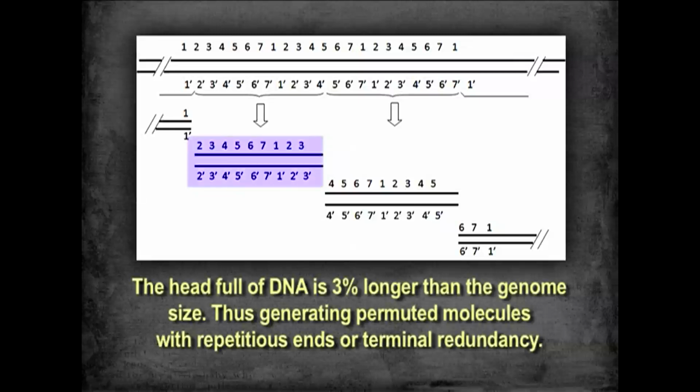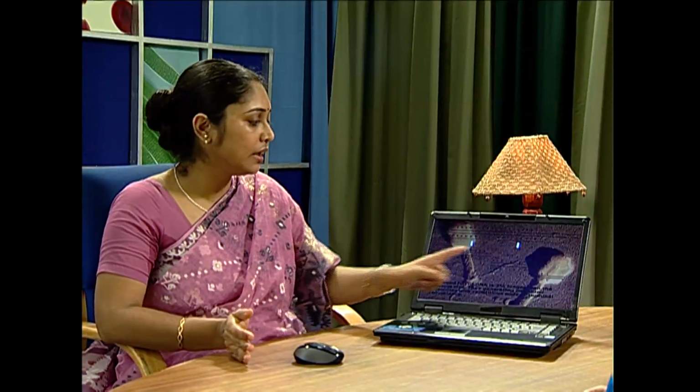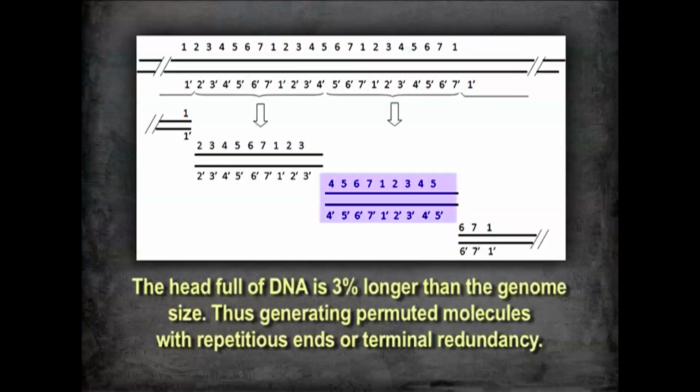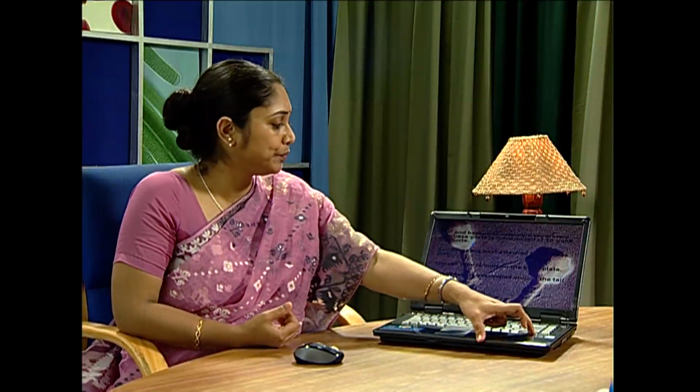Since it accepts 3% extra, again repetition of 2, 3. In the next head packaging, it will start from 4. 4 to 3 is the total genome length. Again 3% extra, so 4, 5. This way terminal redundancy and circular permutation will appear in the population.